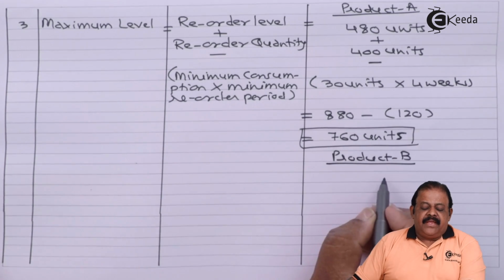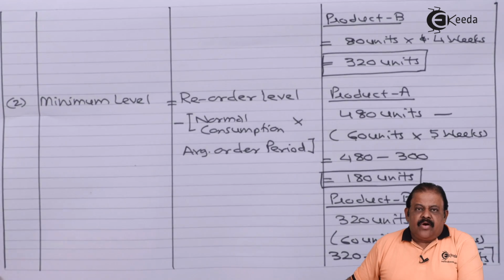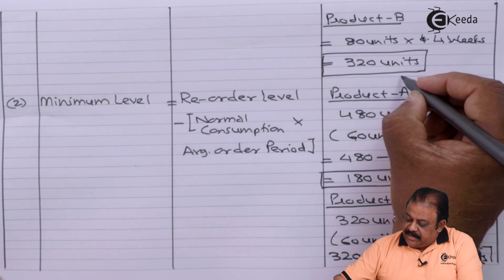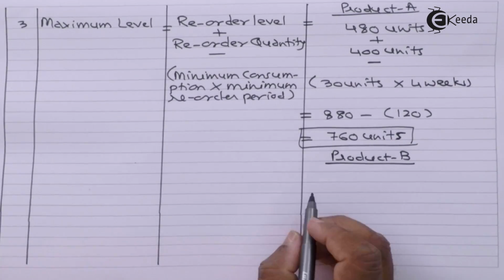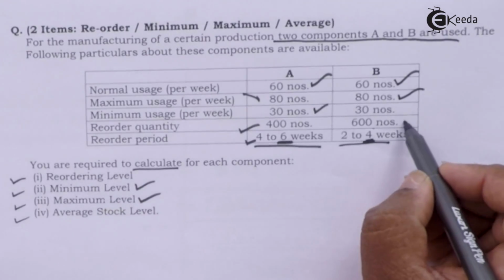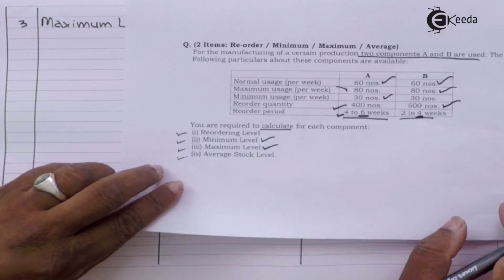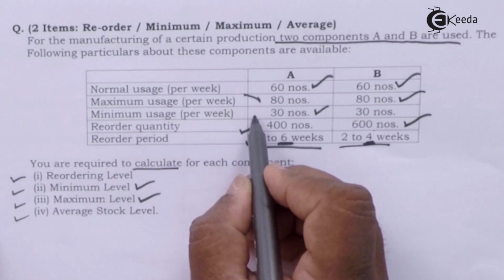In case of product B, reorder level is 320 units. Reorder quantity 600 units. Minimum consumption 30 units.